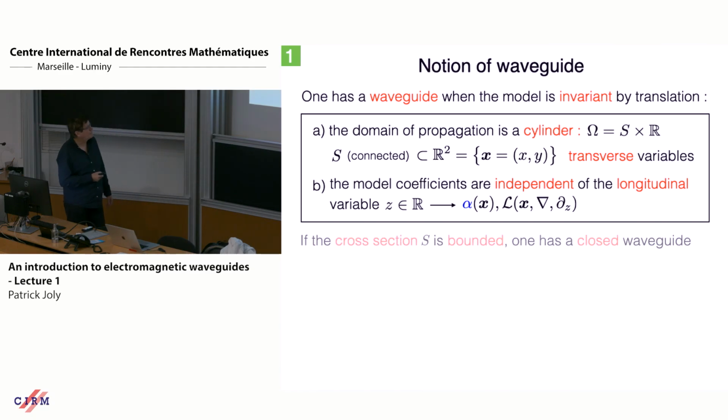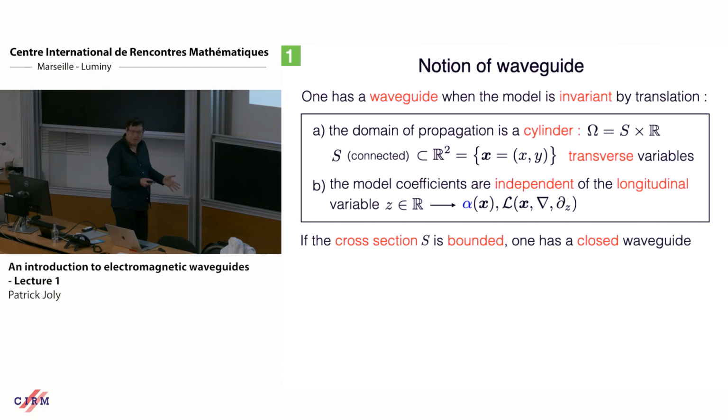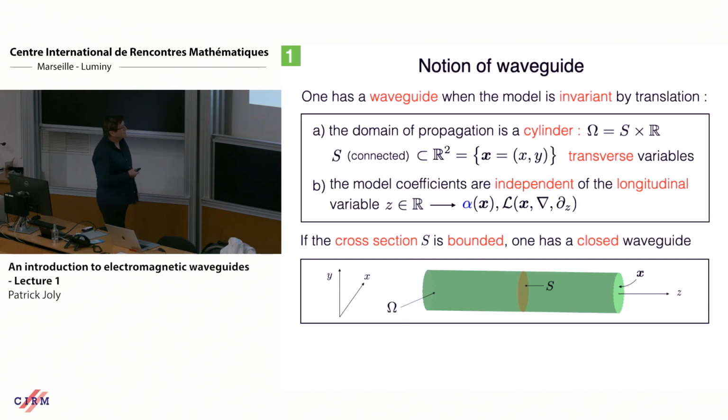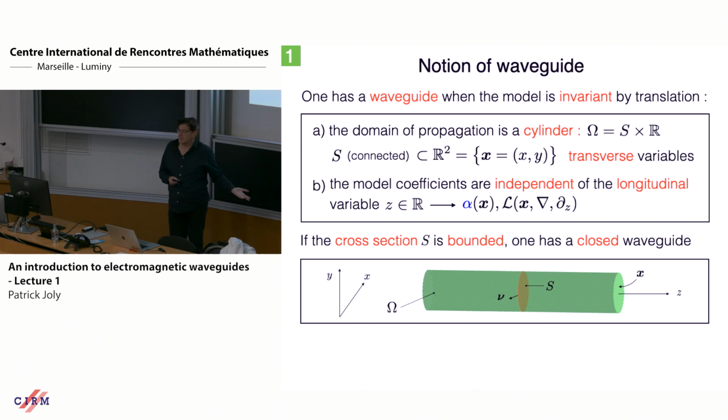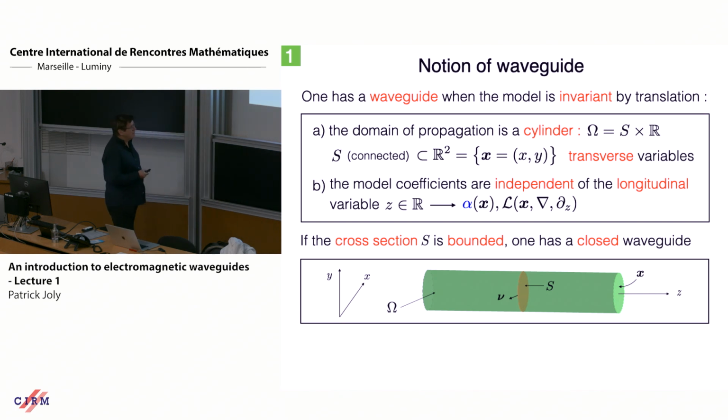If in addition the cross-section is bounded, which I will assume from now on, we say that we have a closed waveguide. It corresponds to this picture where I recap all the main notations already introduced. In addition, I will denote nu the outgoing normal unit vector to the cylinder, Ez the unit vector along the axis of the waveguide, and tau the vector tangent to the boundary of the cross-section.